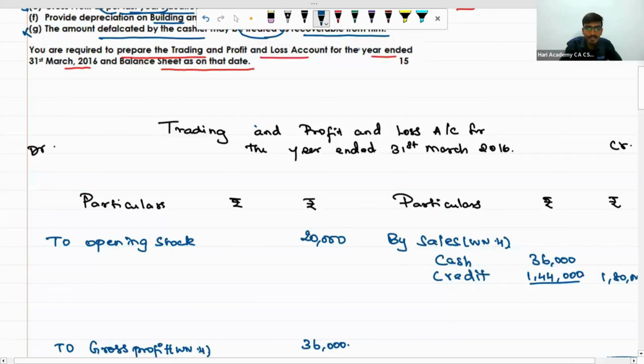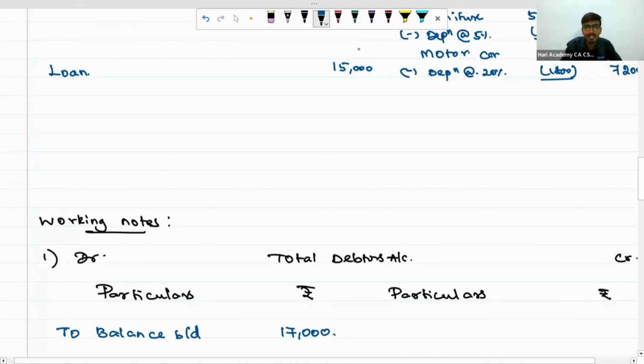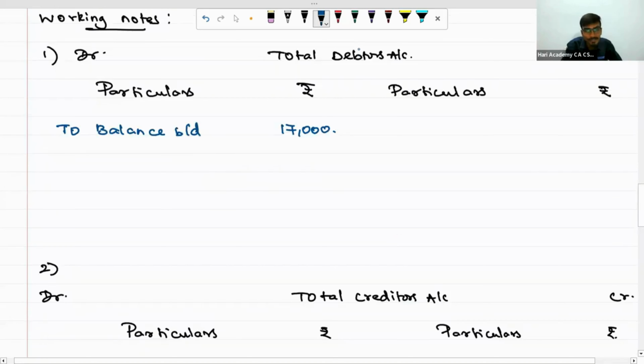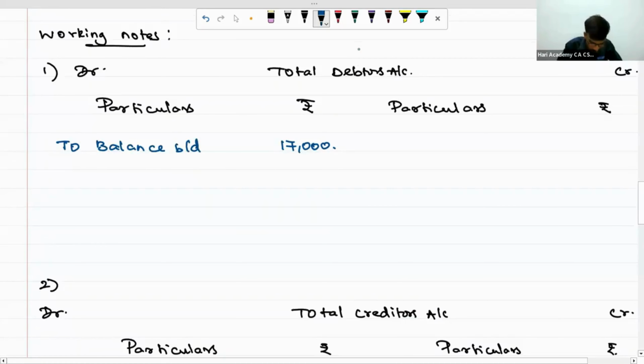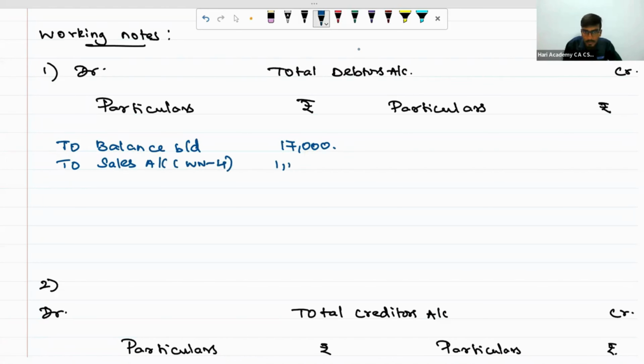Here we need to do one more thing. We have to deal with credit sales. We have found out the credit sales, which is nothing but 80%. So to sales account, working note 4, you should put 1,44,000 as the credit value.